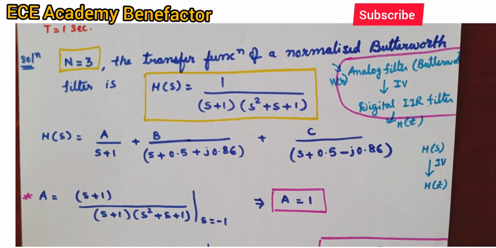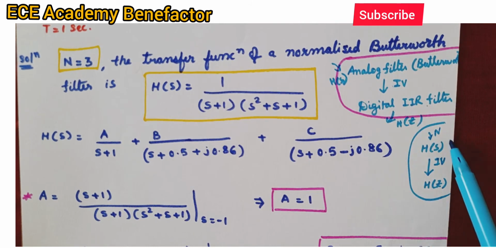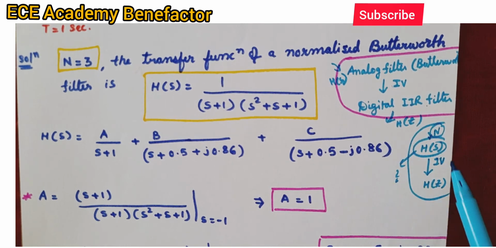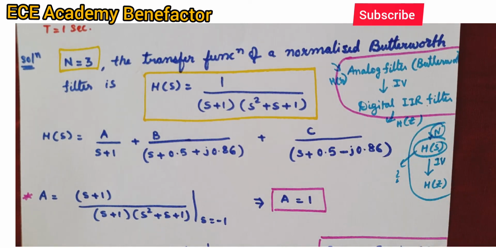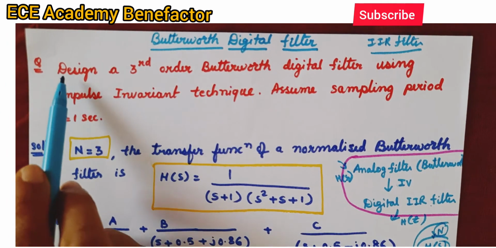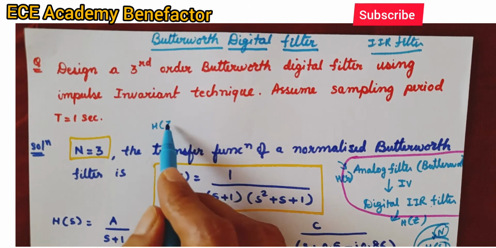Based on this order you have to find its transfer function, then apply the impulse invariant technique and find H of Z. So, what do you understand by design here? Design means you are finding H of Z.